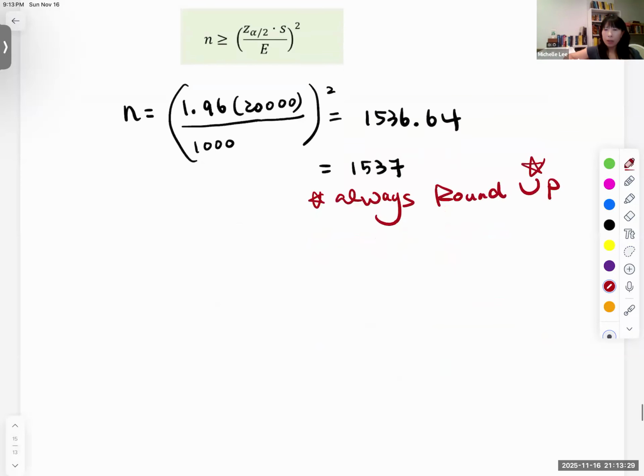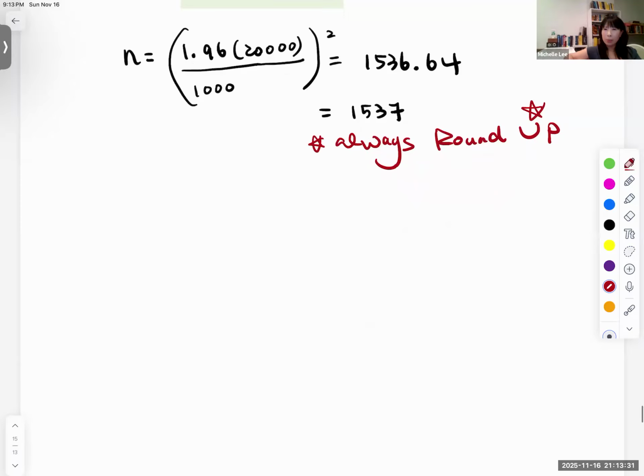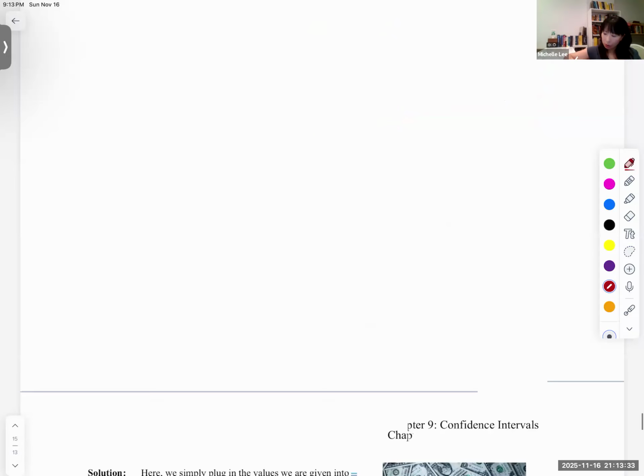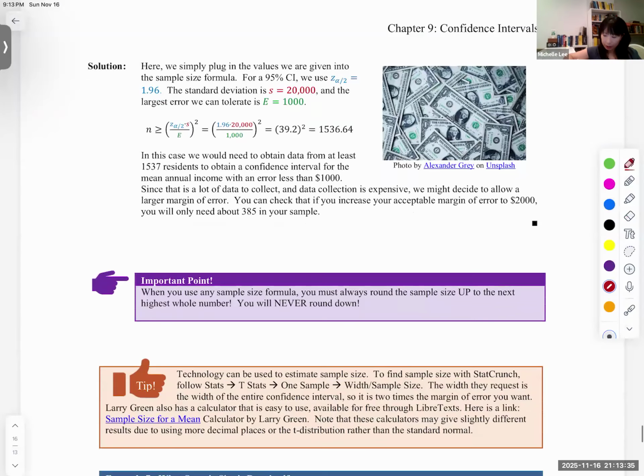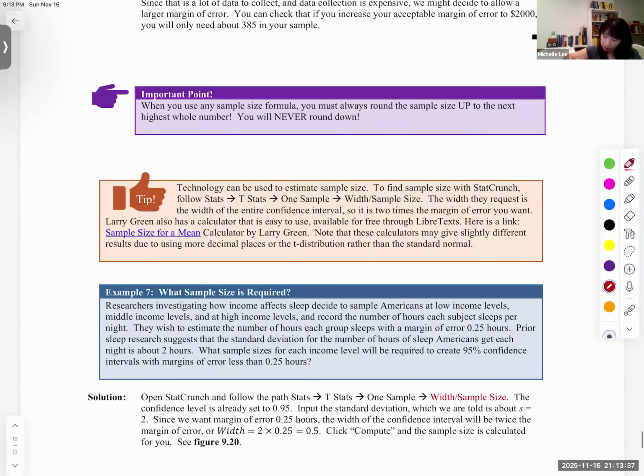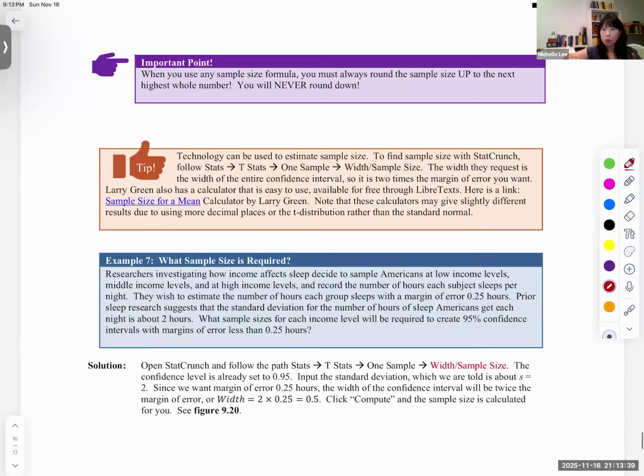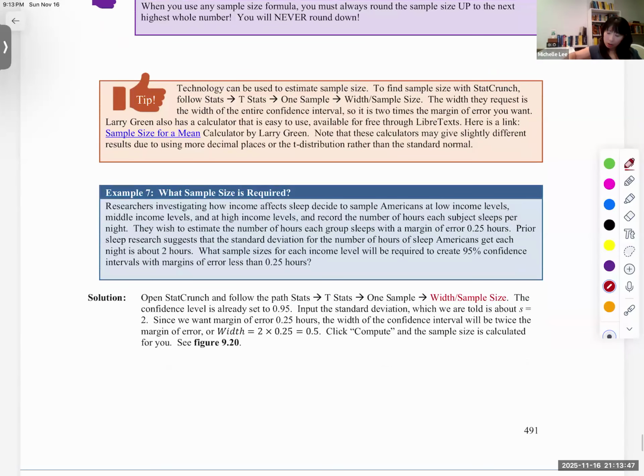Now we can find the sample size by StatCrunch as well, like in the earlier section. Just so we remember, the margin of error should be doubled. Let me take a picture. Which is the margin of error?